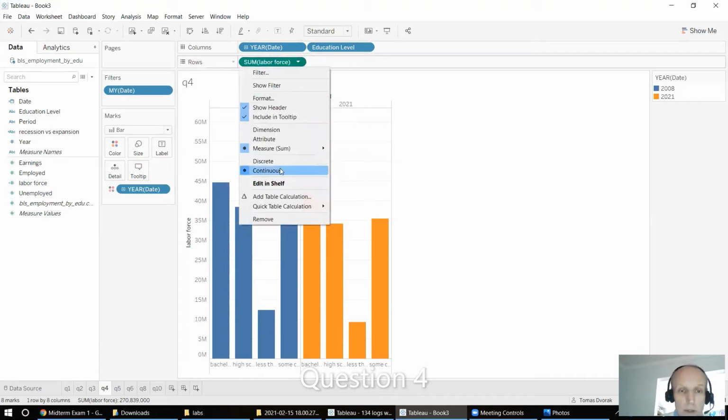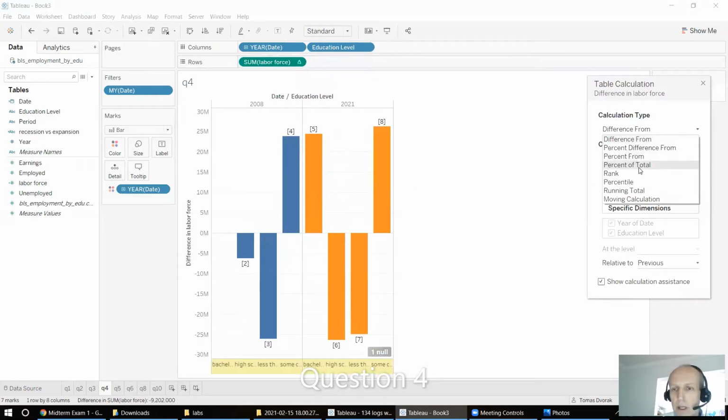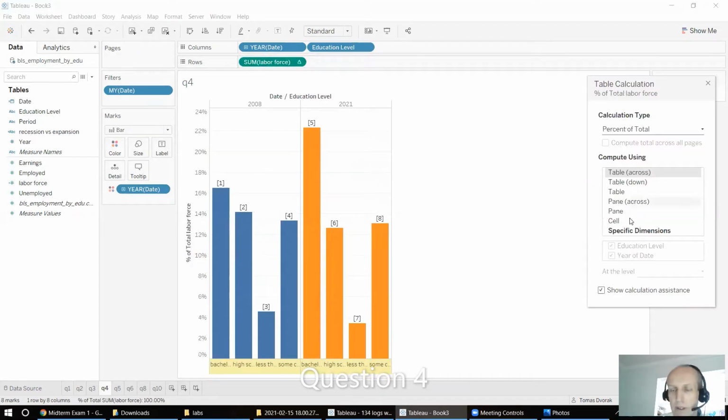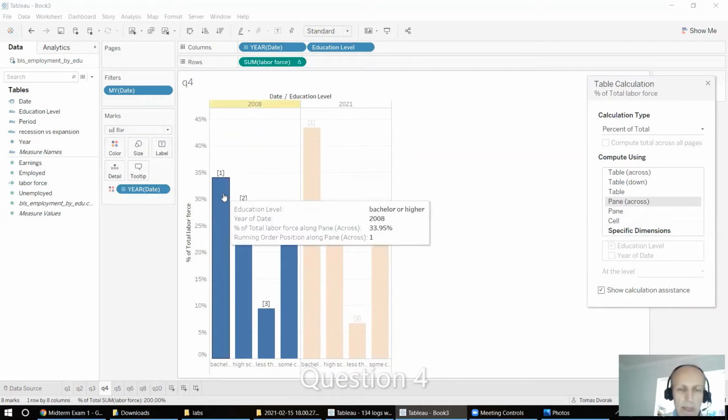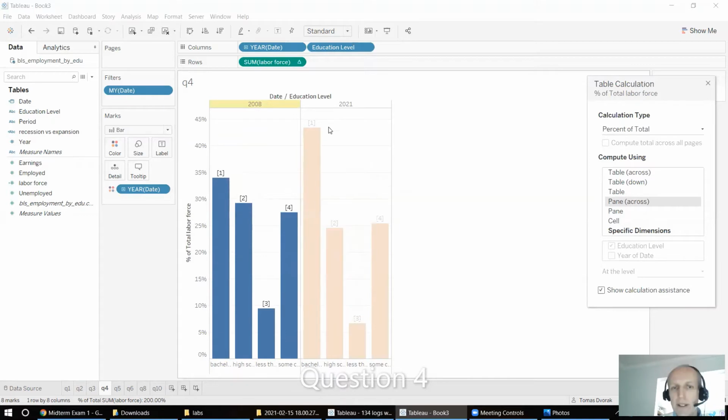So we're going to use a table calculation to calculate percent of total. It's going to give us shares, and we want those shares not across the entire table, but rather across each pane, because I want a share of people with a bachelor's degree or higher in 2008 and the same in 2021.